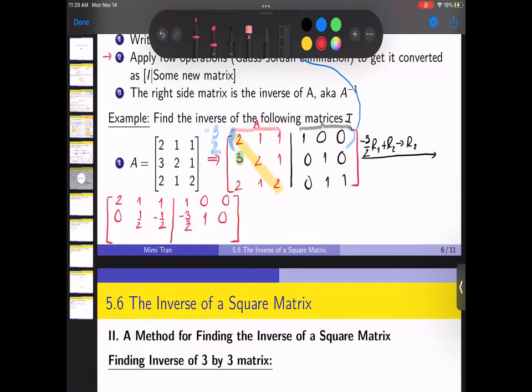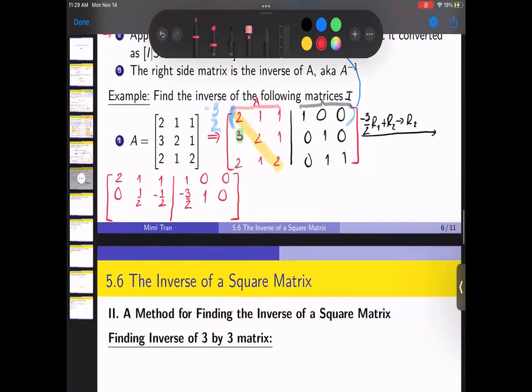It's a little bit longer than it used to be. All right, I need to eliminate this one right here, that 2. So I'm going to multiply the first row by -1 and add to row 3.